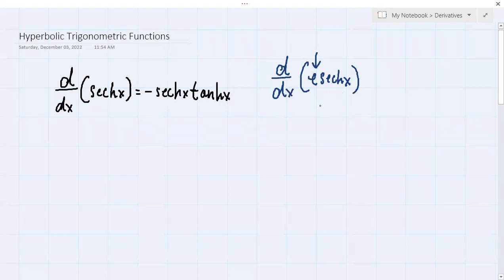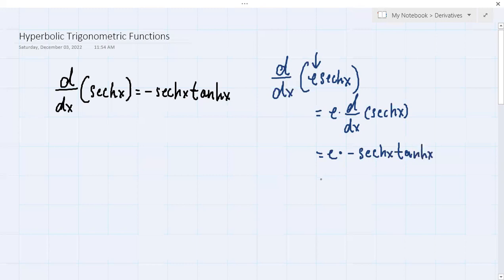So, that means we will have e times the derivative of secant hx. Ganyan yung maging resulta. So, derivative ng secant hx, we will have negative secant hx times tangent hx. Alright? So we will have negative e times secant hx times tangent hx.